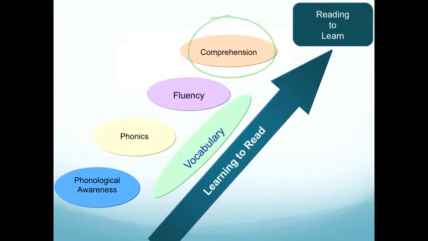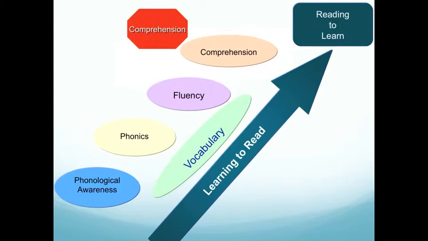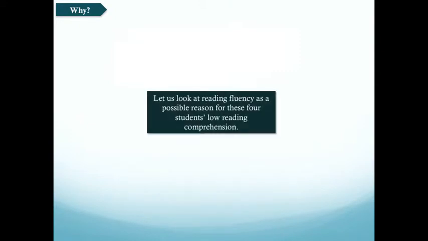The whole entire time our vocabulary skills are helping us move along this pathway. If we look at our students that we just looked at, we know that they are faltering in the area of reading comprehension. If we're looking at how skills were acquired with the knowledge of prerequisite skills, we might have the hypothesis that they're breaking down in the area of being able to read fluently. So let's explore that a little more closely as our possible reason for why.